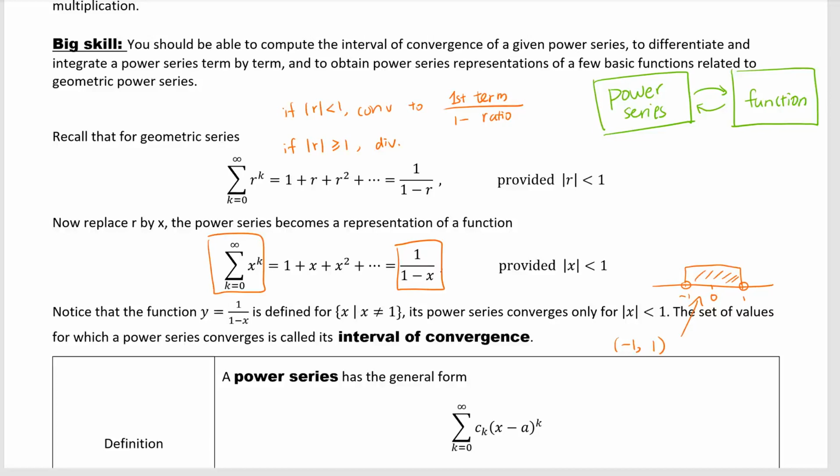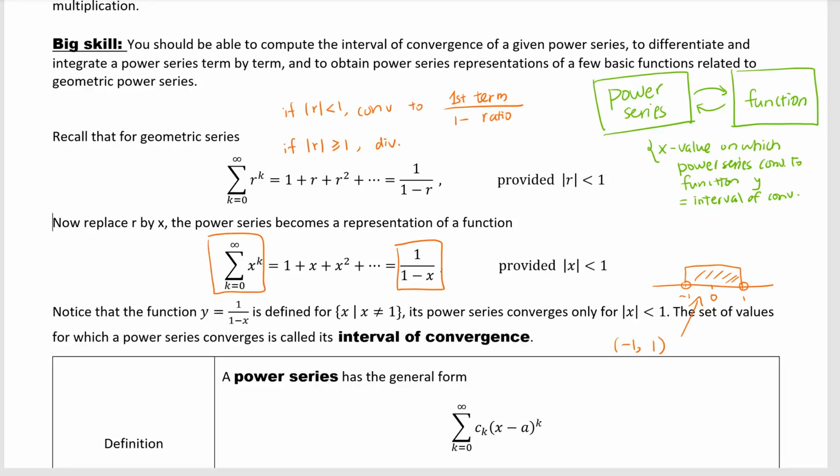Sometimes on some x values, the power series converges to the function. Maybe on some other x values, it diverges. So that's why the x values on which the power series converges to the function are called the interval of convergence.